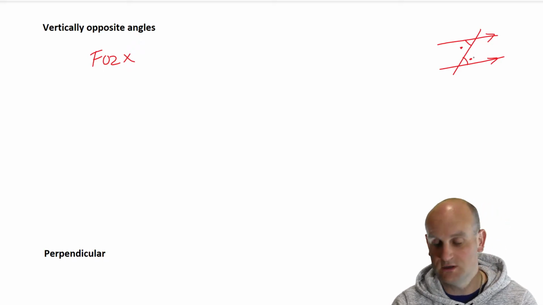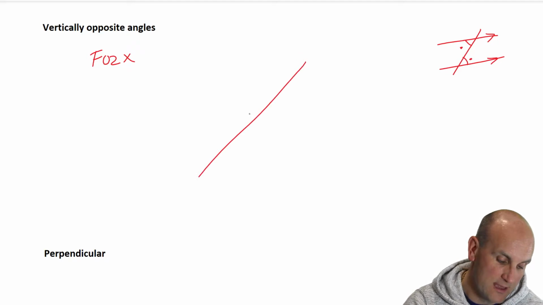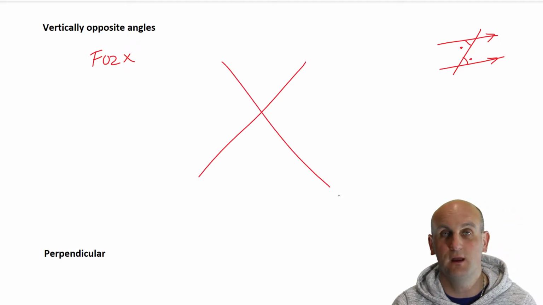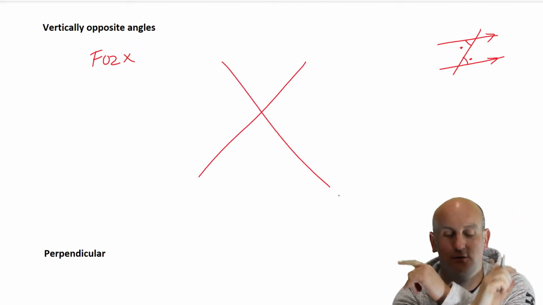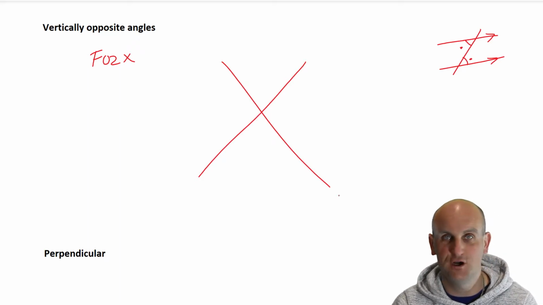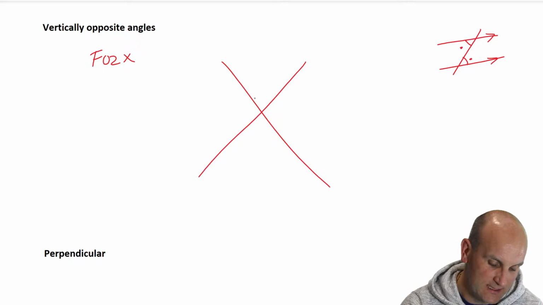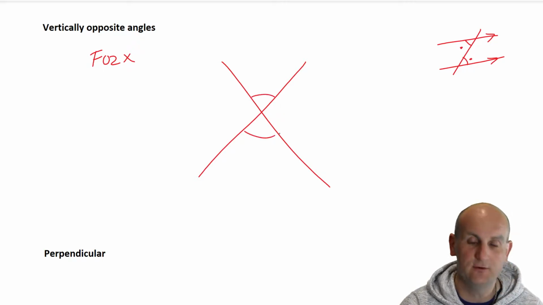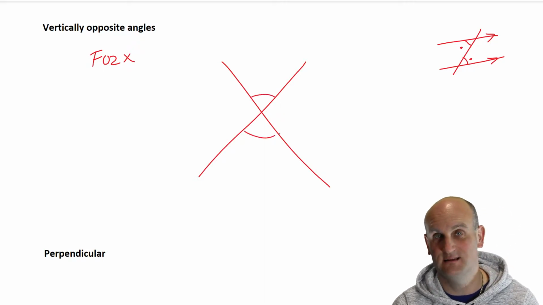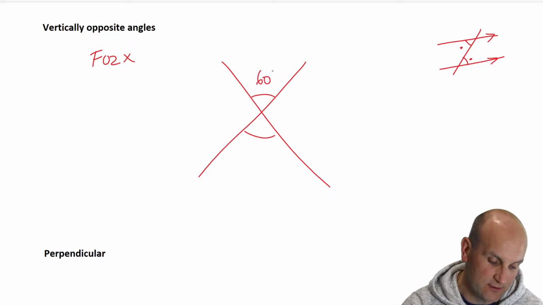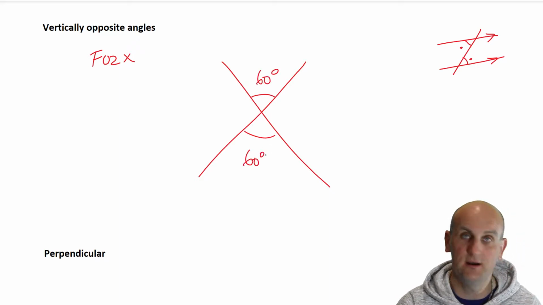One of the ones we also like to deal with I call the X rule, only because it's like an X. They are vertically opposite angles, which is a bit weird. This angle here and this angle here are exactly the same size. So if that was 60 degrees, then this is also 60 degrees.